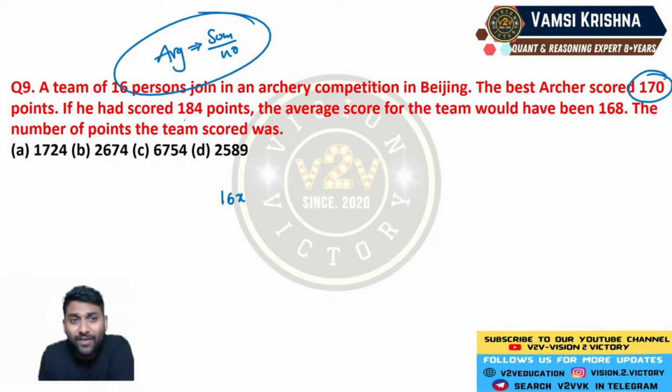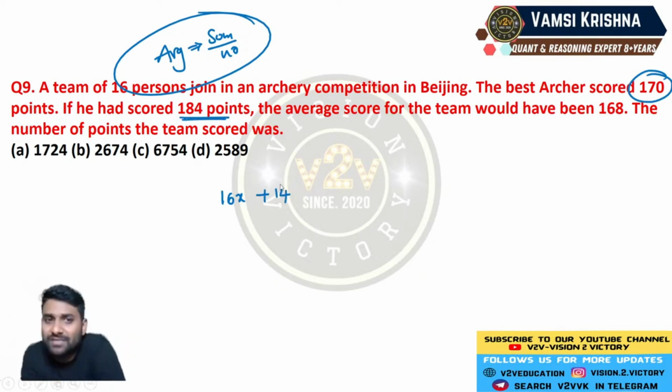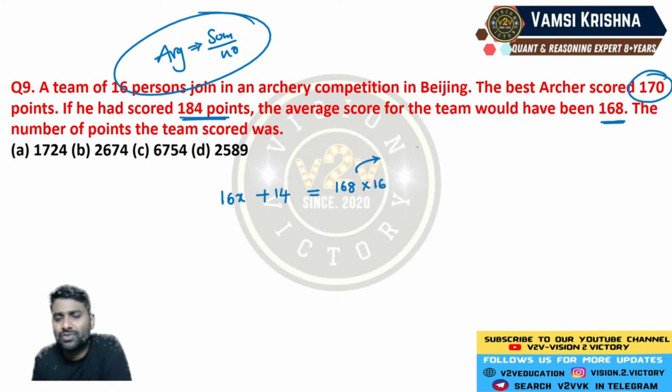He said that if he had scored 184 points, the total number of points is increased by 14. Now the overall average of the team should be 168, and the total number of members is 16. That's it, you are done with the question.